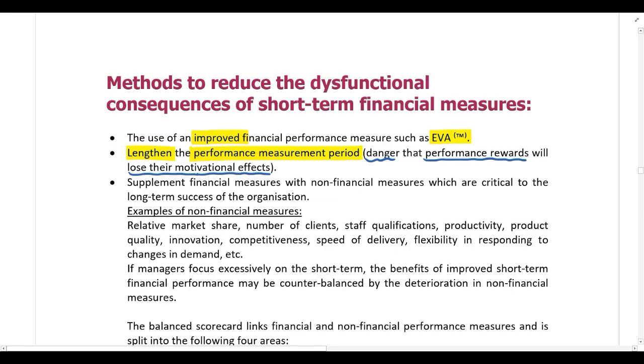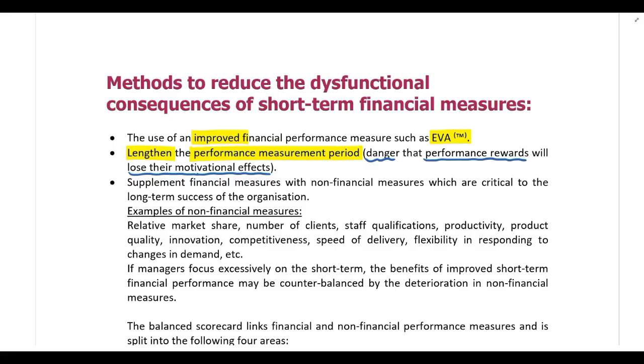If I tell you I'm only going to evaluate your performance in 3 years' time, that's a long time to wait, so you won't be as motivated to achieve the targets. In addition to that, you don't even know if you're still going to be employed with the company in 3 years' time. So that's obviously a danger that you need to consider if you lengthen the performance measurement period.